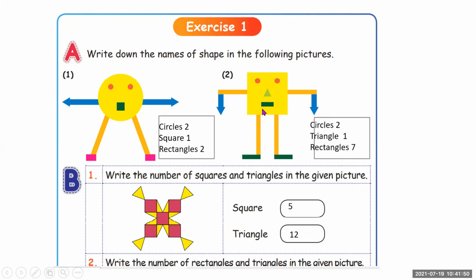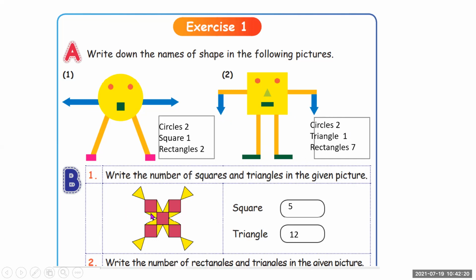And of course there are some rectangles. 1, 2, 3, 4, 5, 6, 7. So there are 7 rectangles. And if you look at the arrows, there are 1 and 2 arrows. At the tip of the arrow, you get a triangle. So 1 and 2, if you add, plus this, it becomes 3.